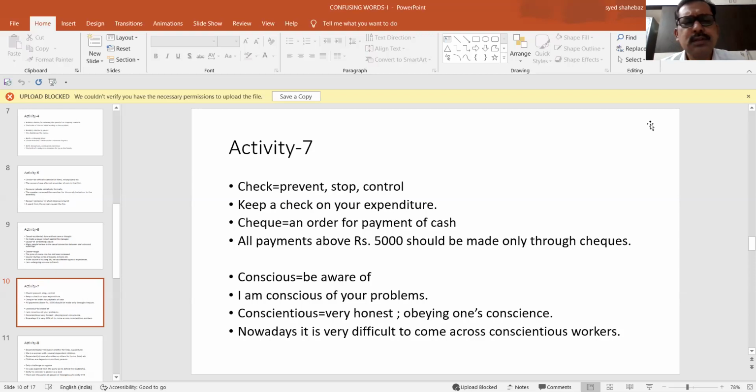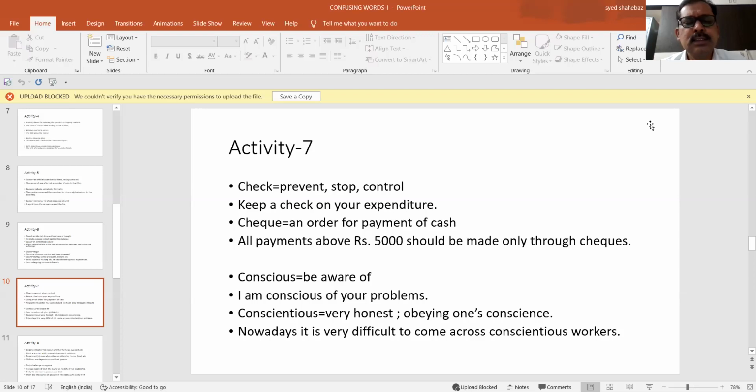Check also means scrutinize. Check the papers, application forms. Are all the columns filled or not? So in a way, it is a kind of scrutiny also in some contexts.